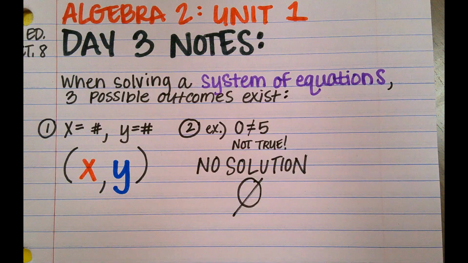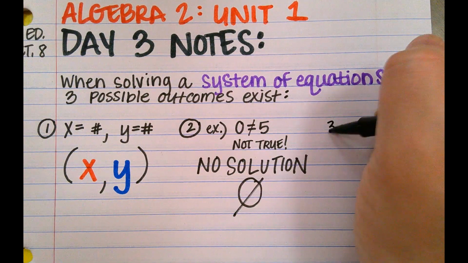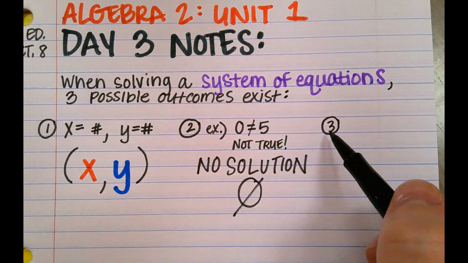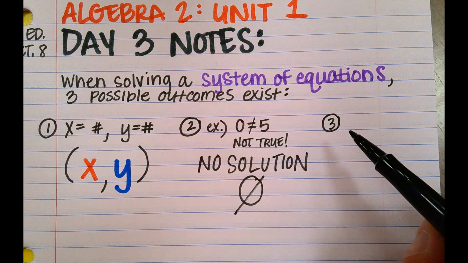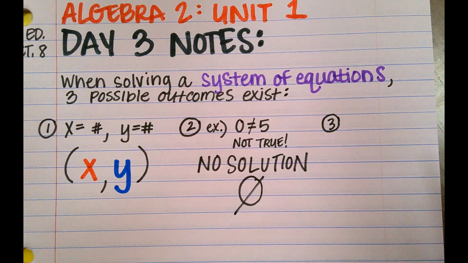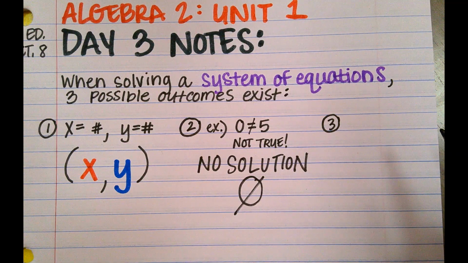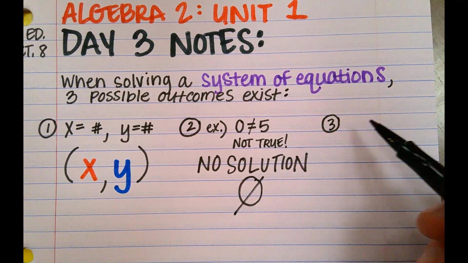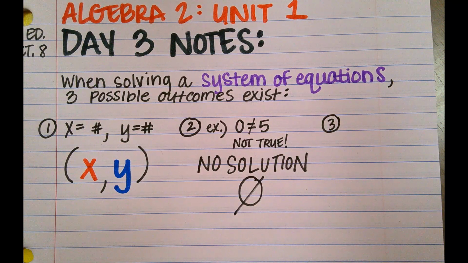Then our third possible outcome is when we get something like x equals x, or 5 equals 5, or 0 equals 0, or negative 45 equals negative 45, whenever you get a statement that is true.